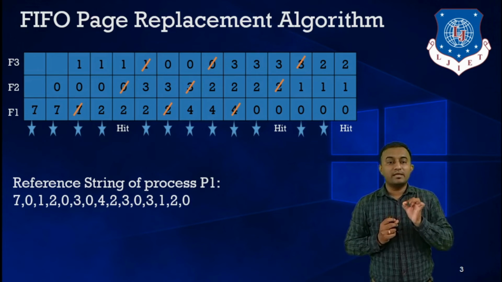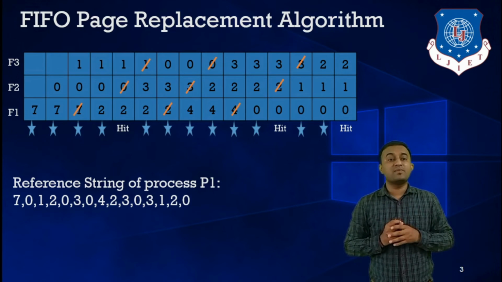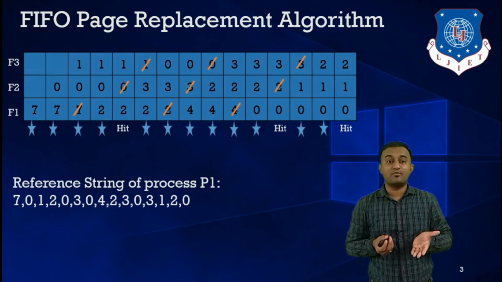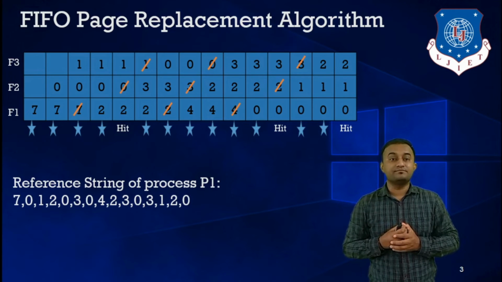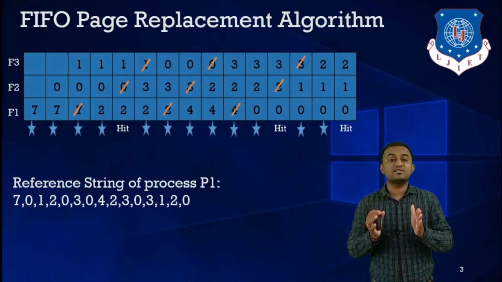In this case we do not have any space in main memory because all the frames are occupied with different pages. So when this page 2 wants to be stored into main memory, what will happen? Now the first in first out page replacement algorithm will come into the picture.